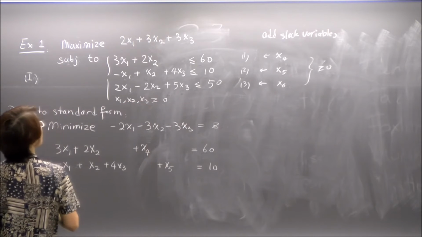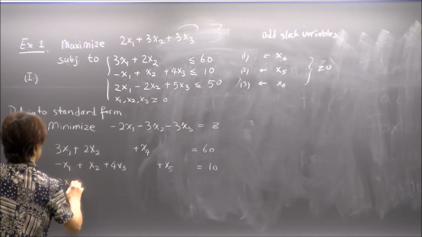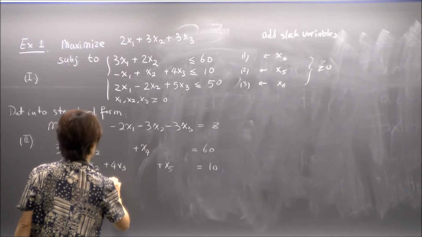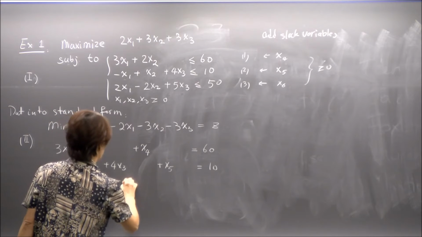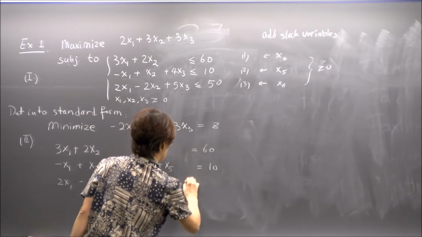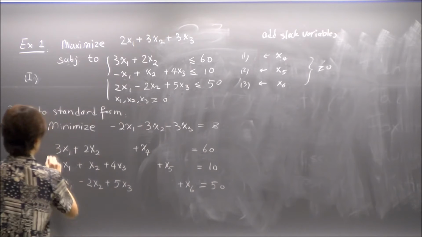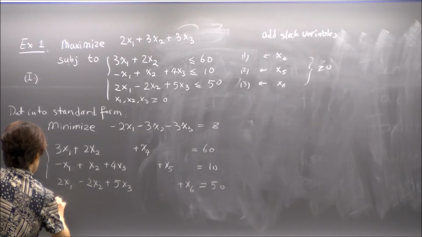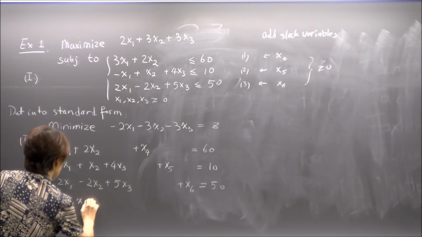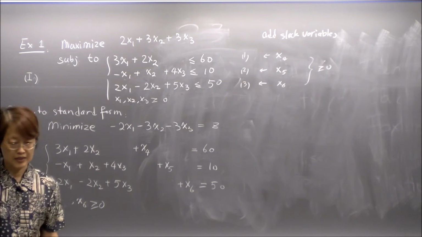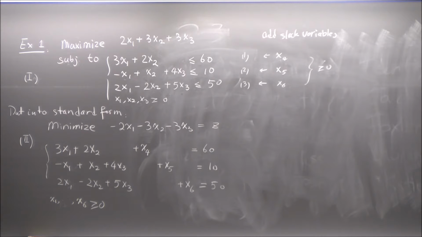And the last one, x6 equals 50. And then of course, all the variables are non-negative. Is it clear, this step? We can all do it? Everybody okay with putting into standard form?